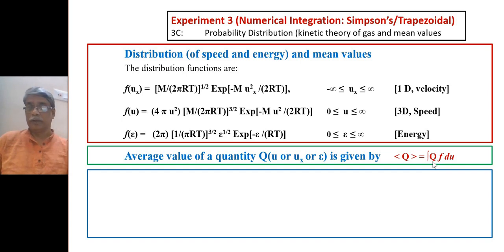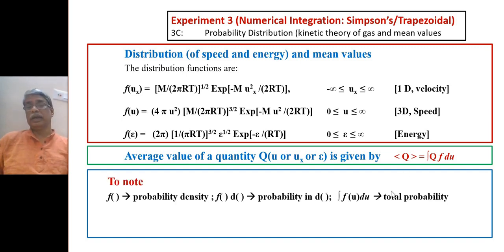So q into distribution into du, and then over the whole range of the variable. So that gives you the average quantity of q. So that is the average definition, the standard definition.